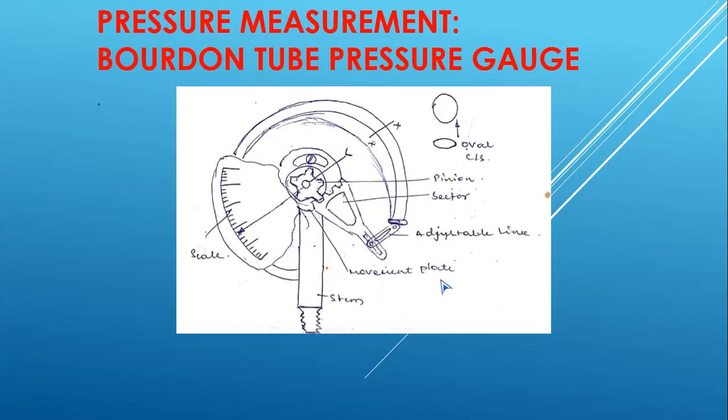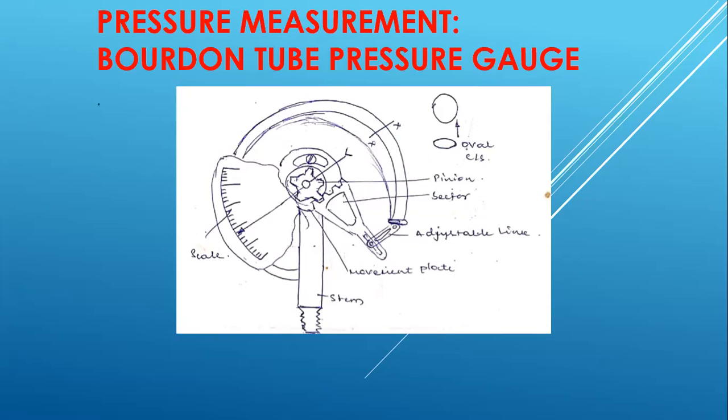Once again, what are the things present here? This is the stem which is connected to the rubber tube, and the rubber tube is in oval cross section. The end of the rubber tube is connected to the adjustable link. Again, the adjustable link is connected to the sector or yoke which has the rack, and here the pinion is directly meshed with the rack. When the pressure increases in the stem, the section or shape of the rubber tube changes from oval to circular, so that outward movement of the adjustable link takes place.